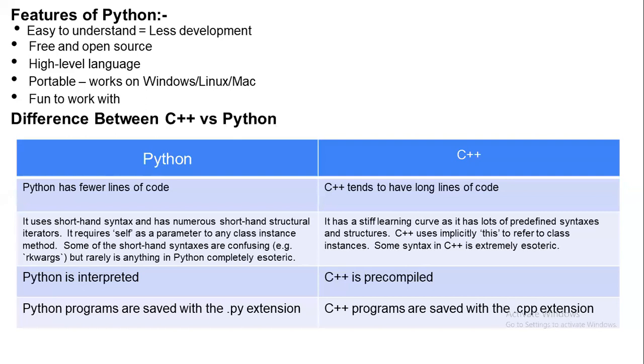In C++, you cannot write print directly. Though print is a command in C++, before you write it you are required to start main and some syntax, and then you can use print. Python is interpreted, C is precompiled. A Python program is saved with the .py extension.